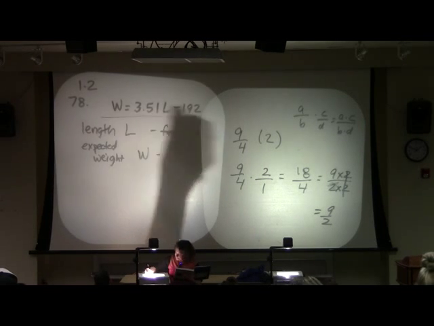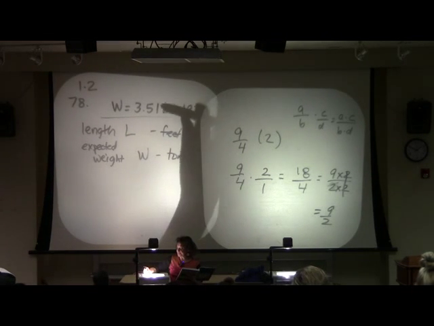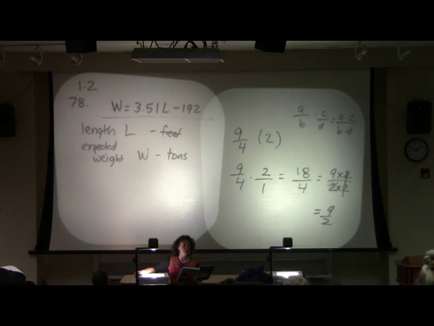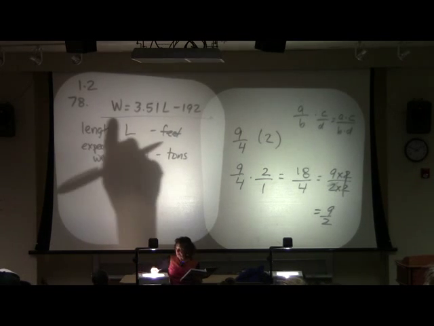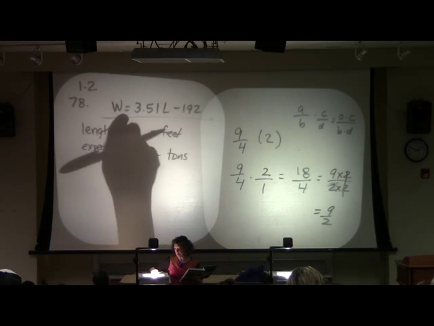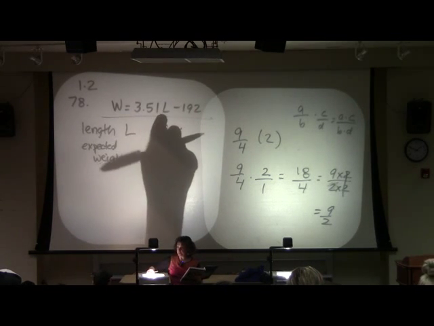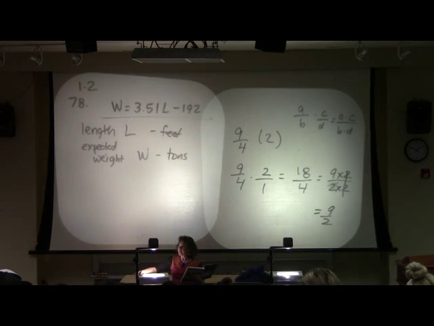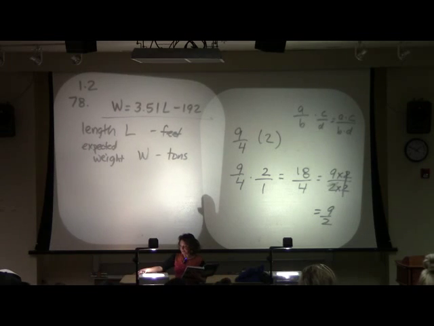All right, this is a line. Yes, instead of an X, we have an L, and instead of a Y, we have a W. But will you guys grant me that intuitively it makes sense that the weight really of a whale or a person, whatever you're talking about, or a kitty cat, should be dependent upon the length? Okay? So, this definitely makes sense.